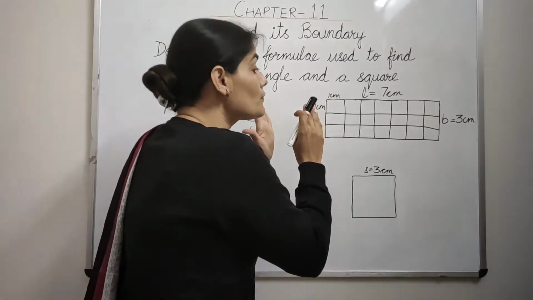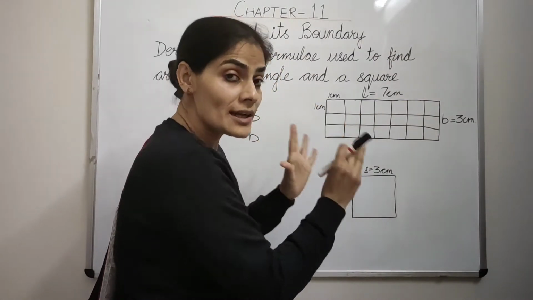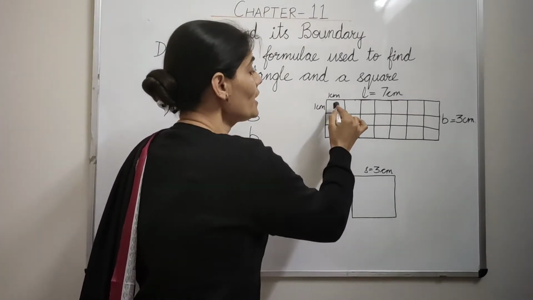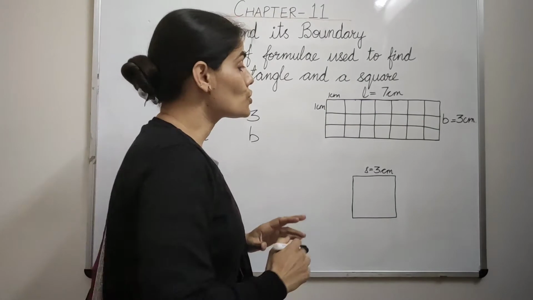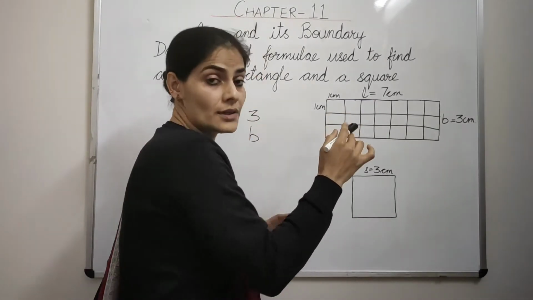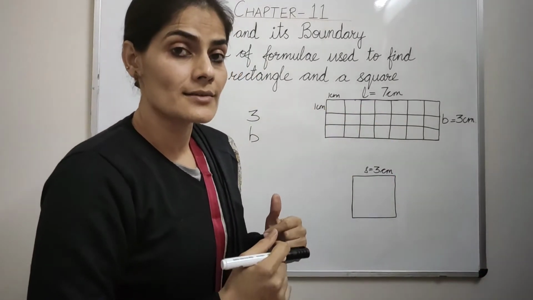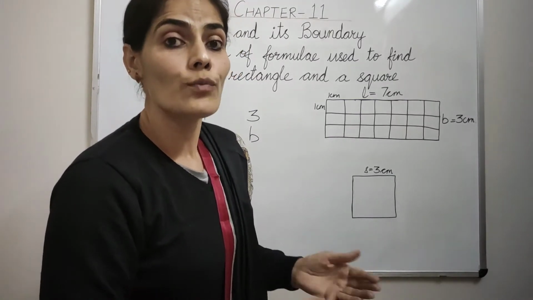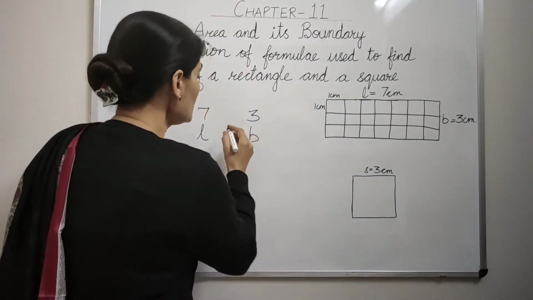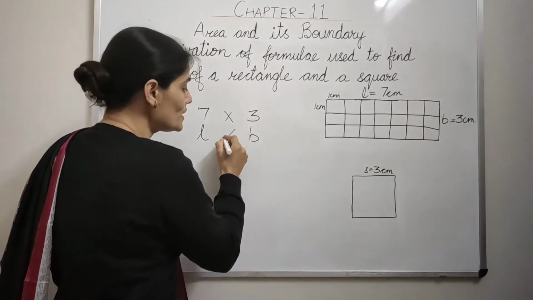Now to find the total number of unit squares, we know in one row there are 7 unit squares. So in 3 rows there will be more or less? More. And when we expect the answer in more, what do we do?